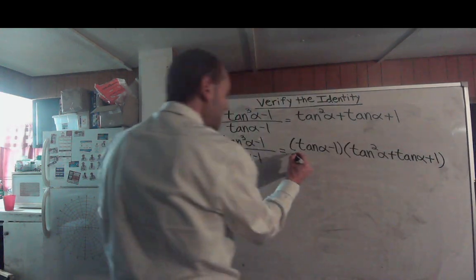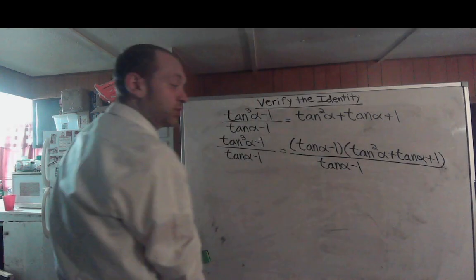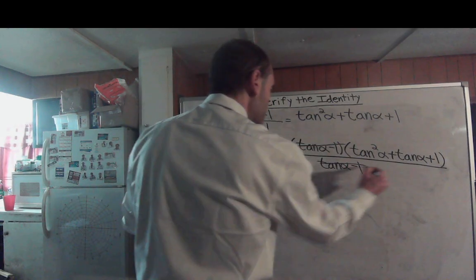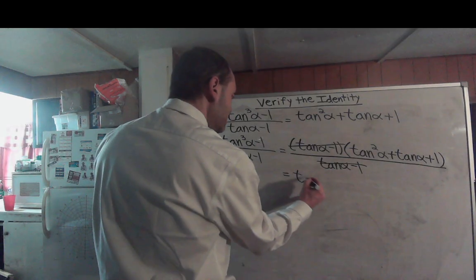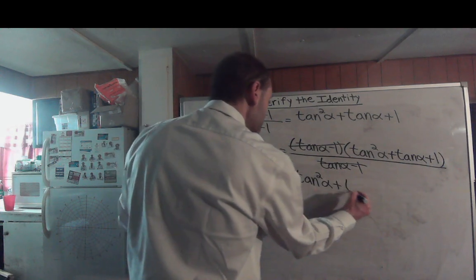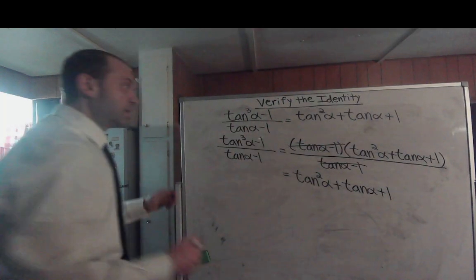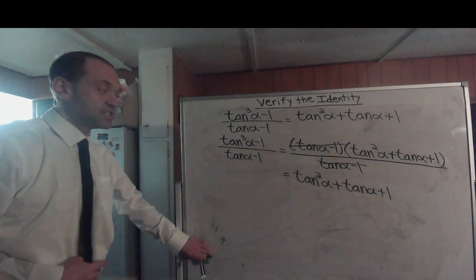You'll have all that all over the tangent of alpha minus 1. And what do you know? The tangents of alpha minus 1 cancel out. You're just left with the tangent squared of alpha plus the tangent of alpha plus 1. And don't forget to write your therefore statement, and you're done.